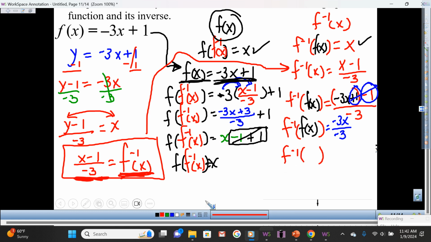F inverse of f of x equals, what is negative 3x divided by negative 3? David. X. Did we get what we were checking for? Yes.